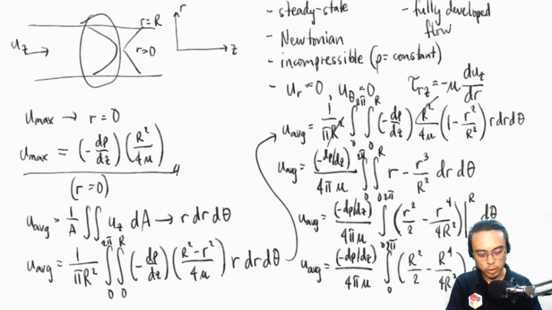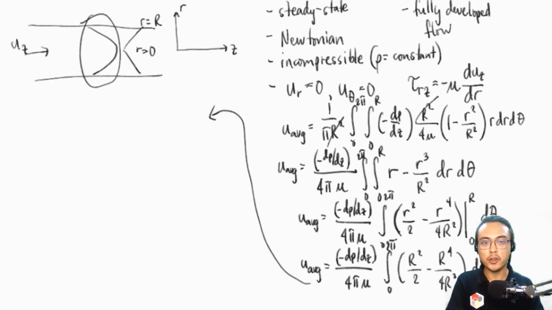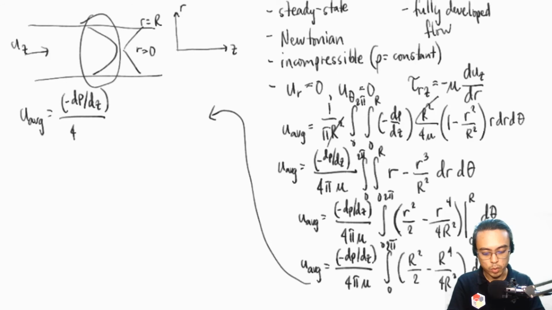Let's continue to the other side. Let's first simplify before we proceed to the second integration. We now have the average velocity equal to negative dp over dz over 4 pi mu times the integral from 0 to 2 pi of big R squared over 2 minus big R squared over 4 d theta.